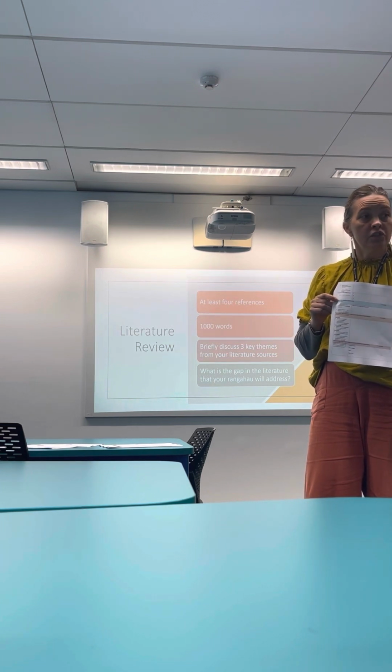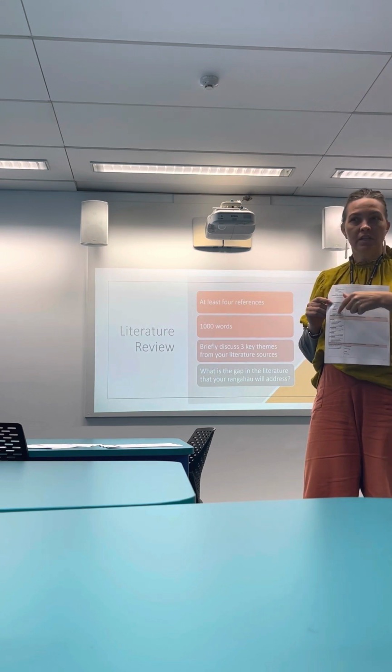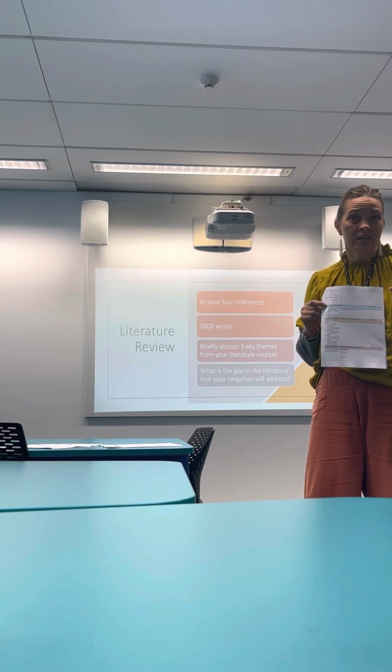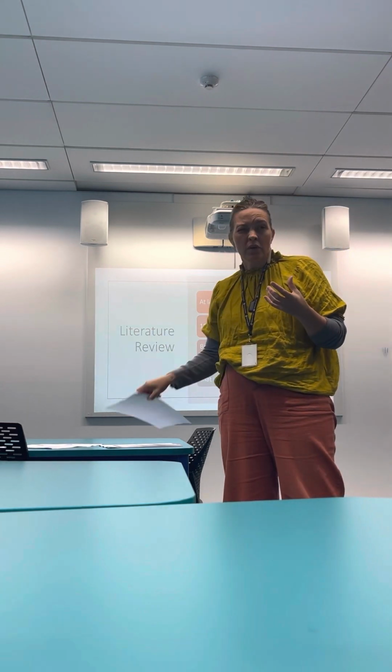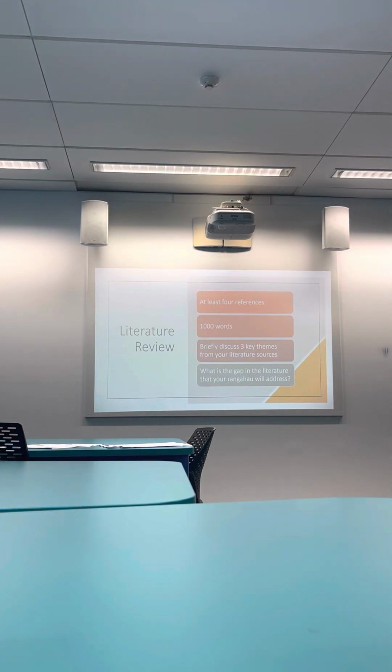You've just done a literature review, and so you're bringing that across and repackaging it for this. So you don't necessarily have to do it again, but maybe you want to tighten it or add some more detail. So the literature review is 4 articles.